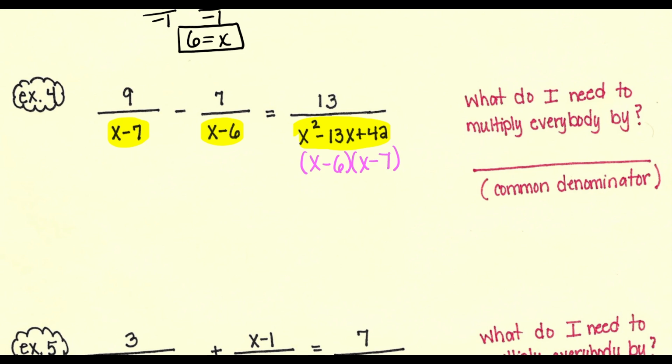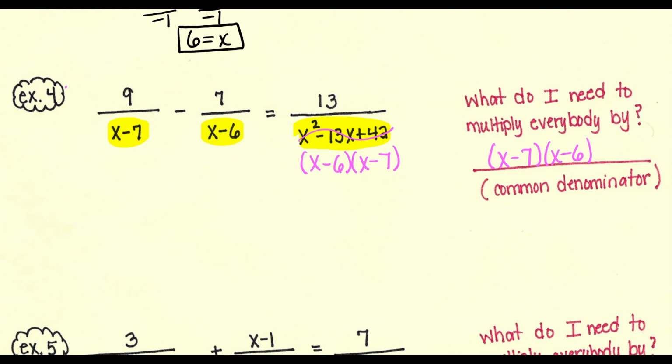A negative 6 and a negative 7 will add to get negative 13, and multiply to get 42. So the common denominator that I'm going to pick is an x minus 7 and an x minus 6. Each of those individual denominators will go into that.